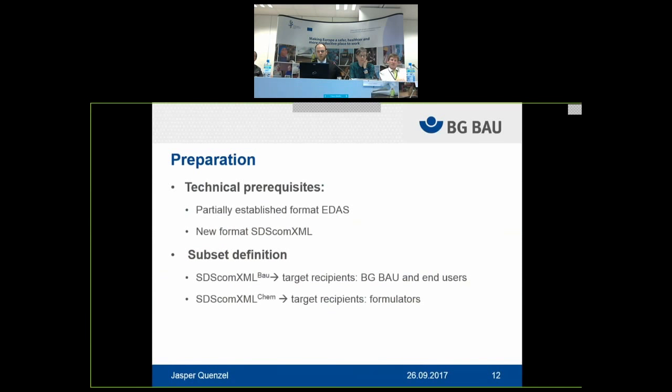So what have been our prerequisites? The first prerequisite we had was that we didn't want to reinvent the wheel. We wanted to use a format that was already there.